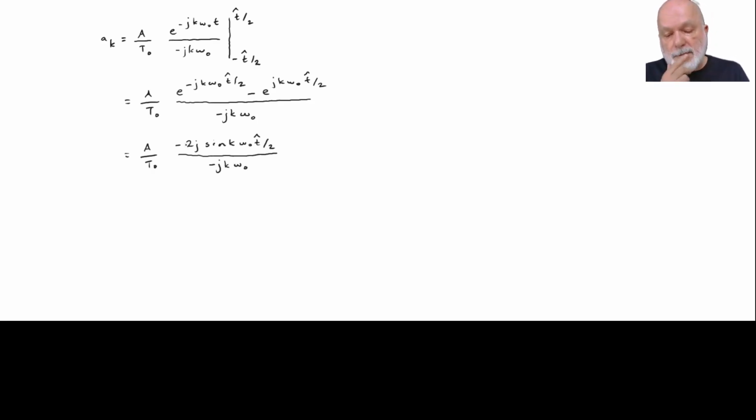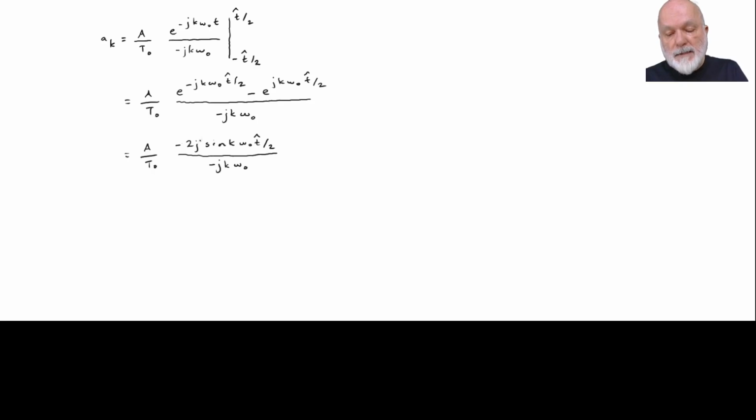Why minus sine here? Because we know that sine(k omega 0 T cap over 2) is equal to first this term, e to the j k omega 0 T cap over 2, minus this term. Therefore, we have a minus sign coming from that.